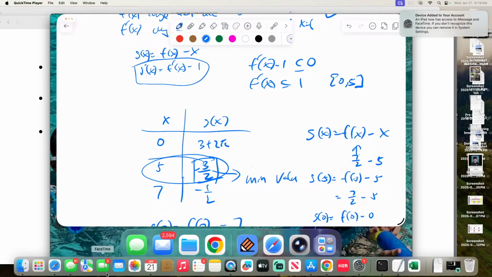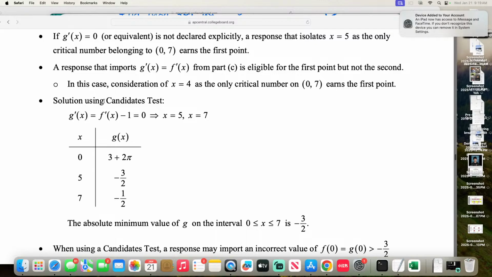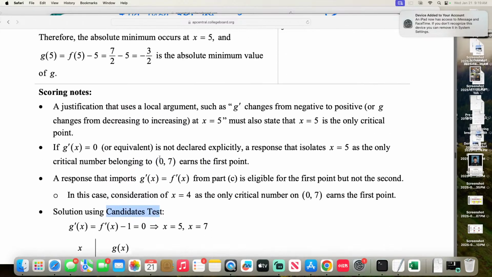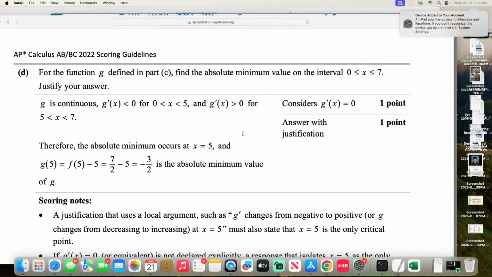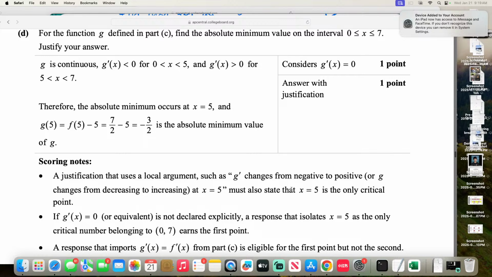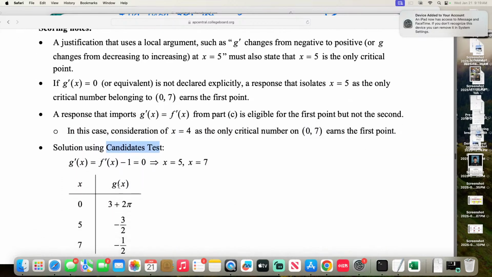A table is a justification. Look at this thing. It's called the candidates test. There was even a name for it. I just don't call it the candidates test, but the candidates test counts as justification. So to answer with justification, you can use a local argument, or you can use the candidates test.